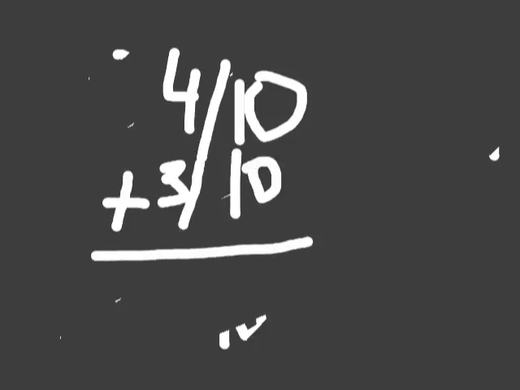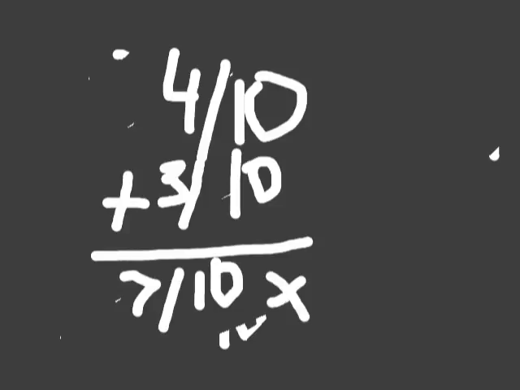So the next step would be to add 4/10 to 3/10. And 4 plus 3 equals 7, so the answer is 7/10. And now you're left with 7/10 x equals 14.